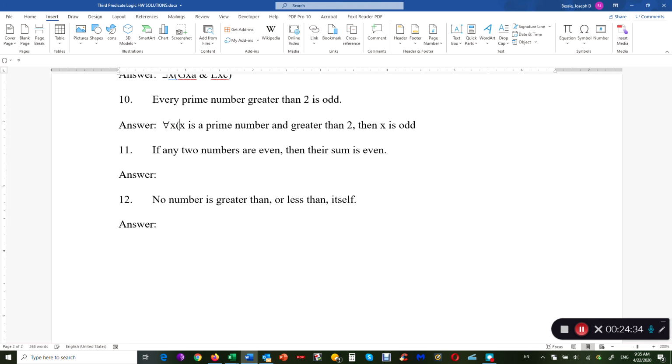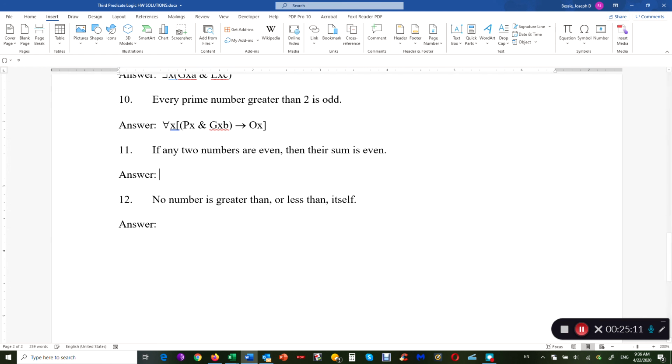For all X, if X is prime and it's greater than 2, so we've got to put some extra brackets and parentheses in here, then X is odd. So then is the arrow, and being odd applies to X. All prime numbers greater than 2 are odd.